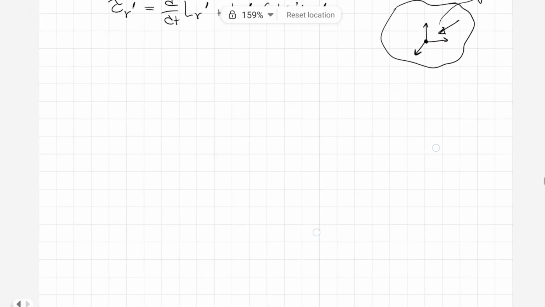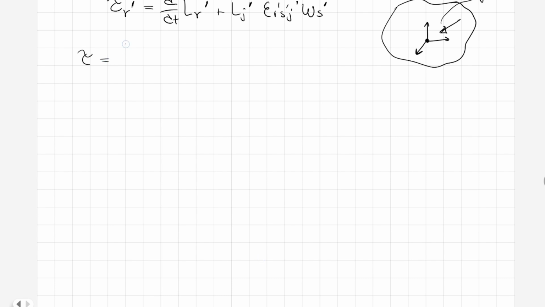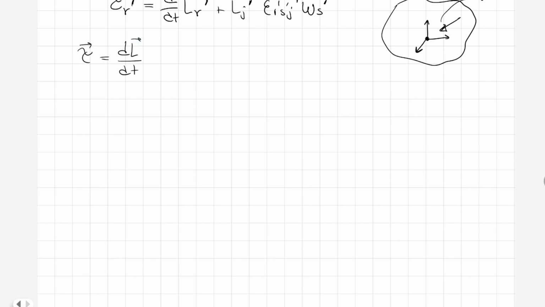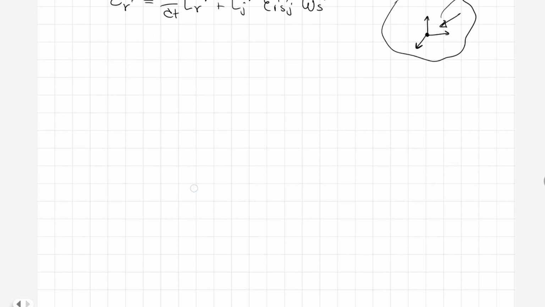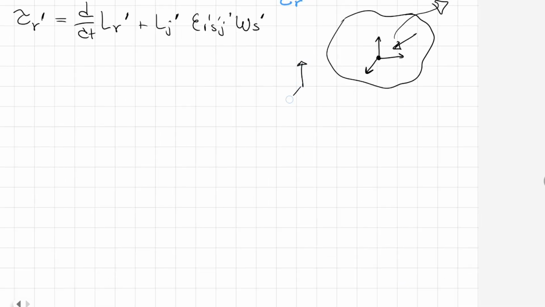Okay, perfect. And what we are going to say now is that we remember from our initial courses of physics that the torque can be calculated as the derivative of the angular momentum with respect to time. And we have seen on previous lessons that we had another coordinate system that was an inertial frame that was only static.